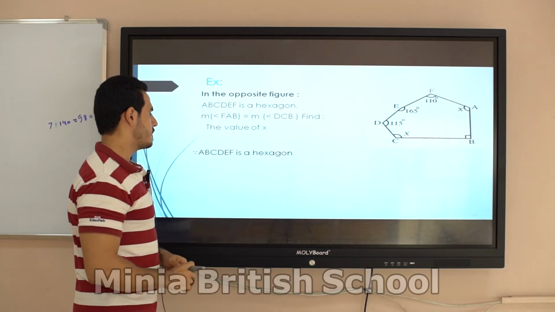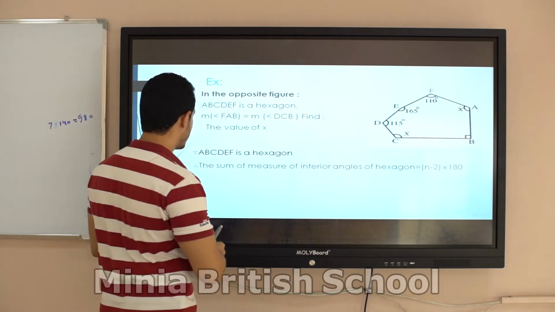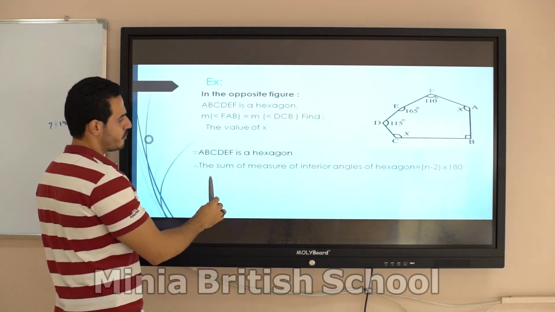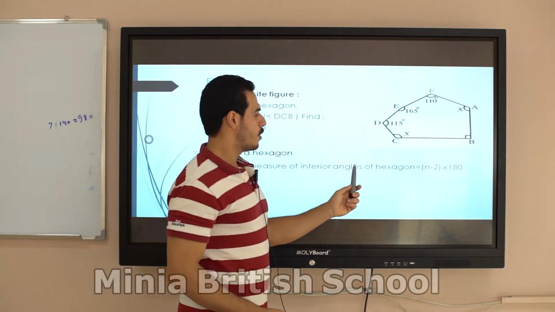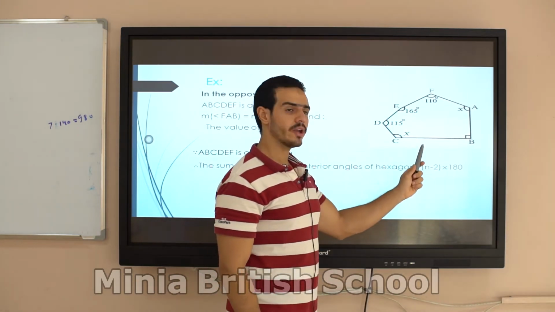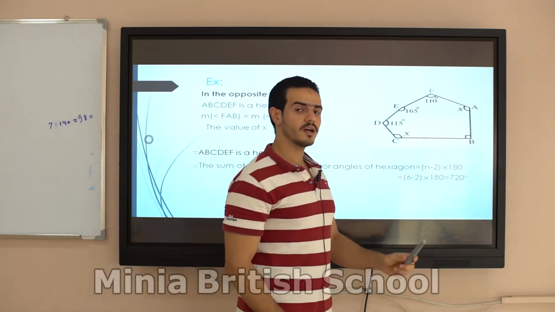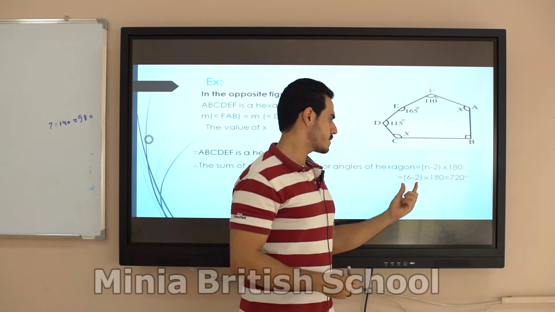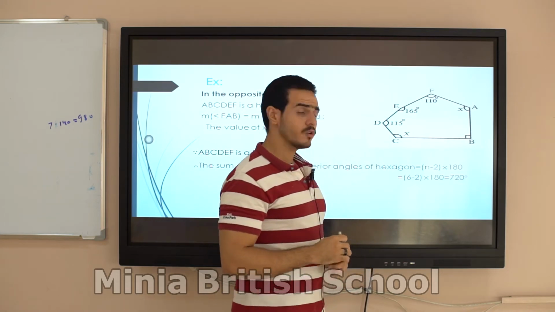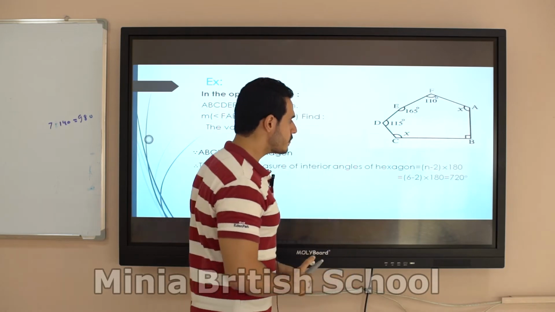Since ABCDEF is a hexagon, then the sum of the measures of the interior angles of a hexagon equals n minus 2 times 180. And here n equals 6. So it will be 6 minus 2 times 180. 6 minus 2 equals 4. 4 times 180 equals 720.